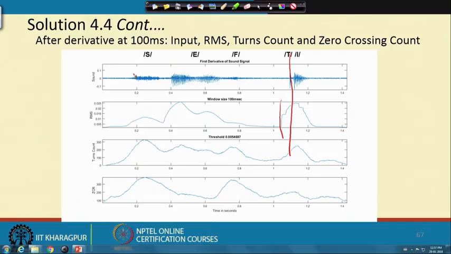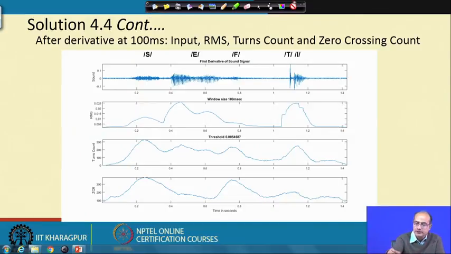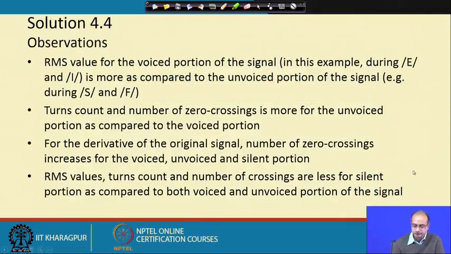Same way, if A starts from here in our signal, the envelope is starting before, the zero crossing rate is also before. It is nothing but that spread of energy over the window, that is why it is happening. So we are getting the smoothness at an expense, that much we can say.